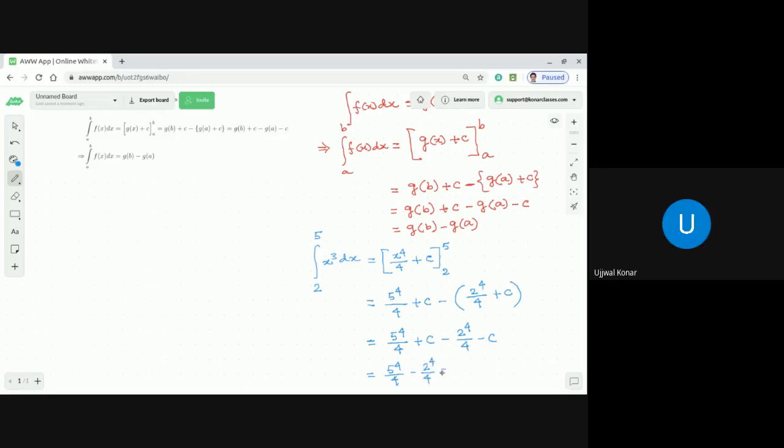That you can also write as 1 by 4, taking it common. It becomes 5 power 4 minus 2 power 4. So this is a specific value. Correct or not? That is why it is known as a definite integration. Clear or not clear?